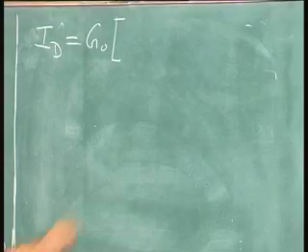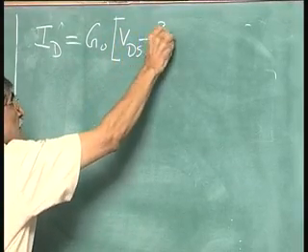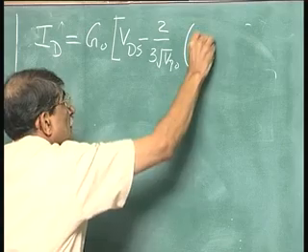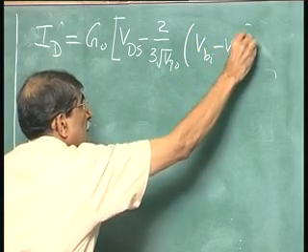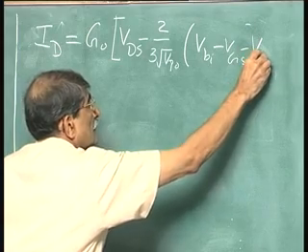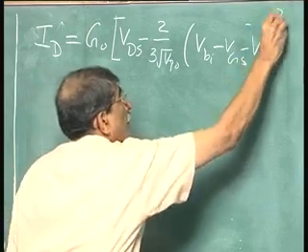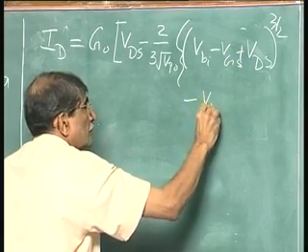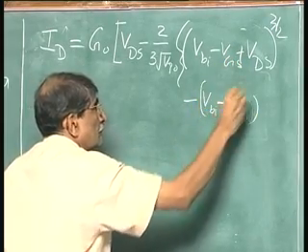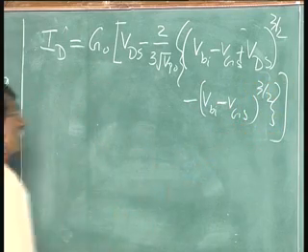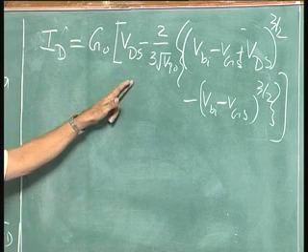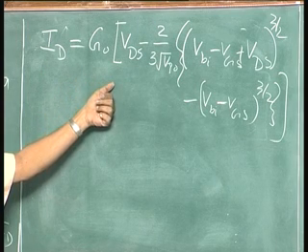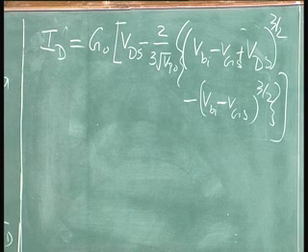G naught into V d s minus 2/3 of root of V p 0 into... So, what we say is, we want to find out the drain current when the drain voltage saturates, drain to source voltage saturates, that is when the voltage across the channel saturates.